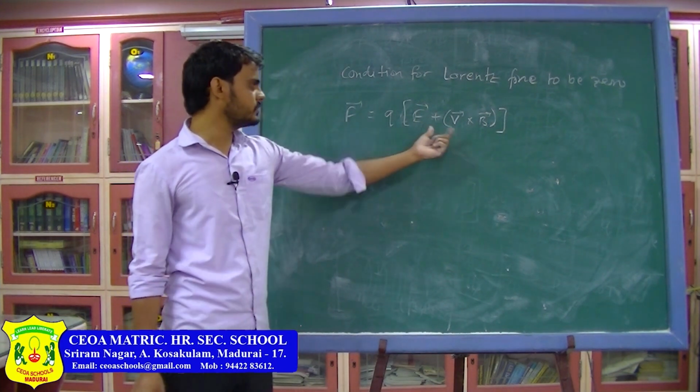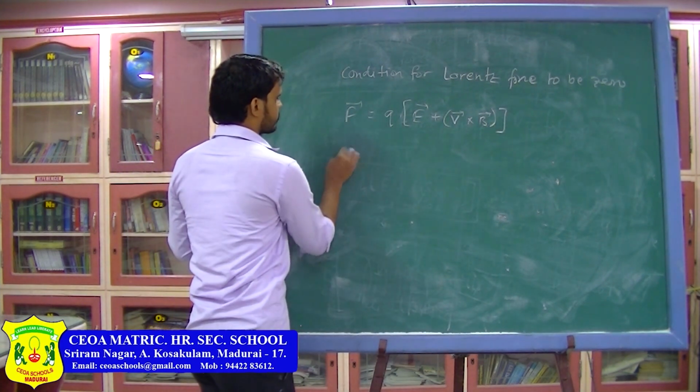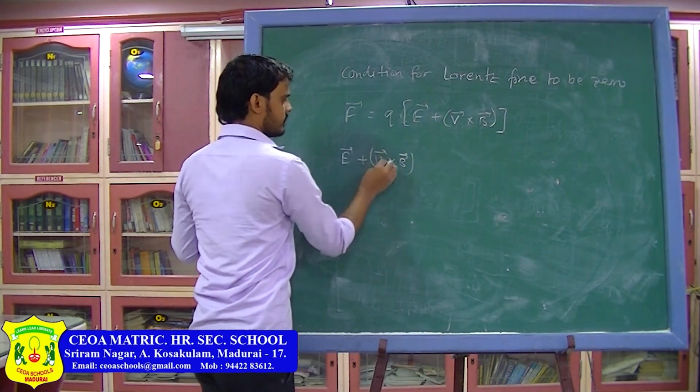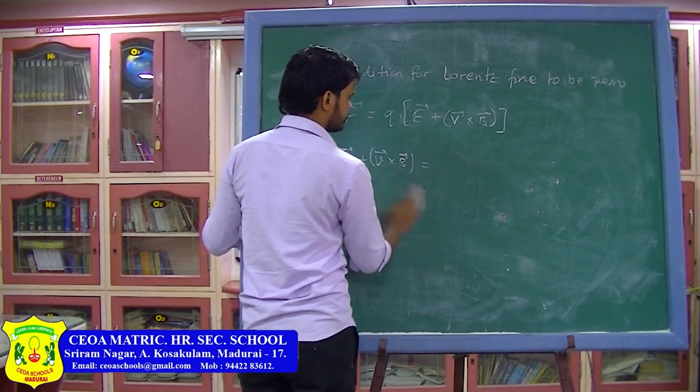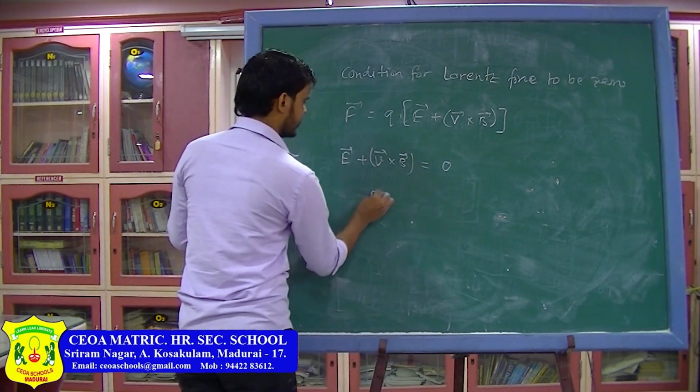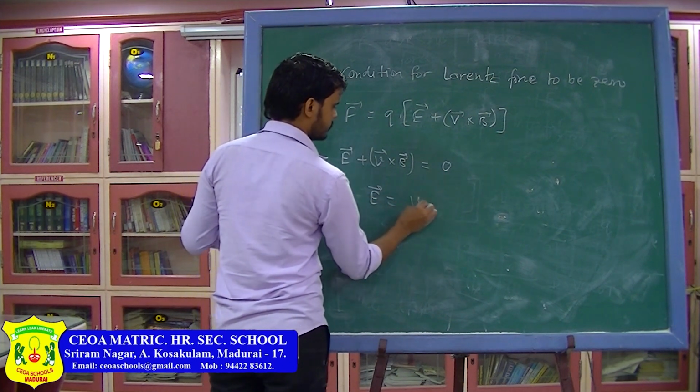So if I put this force equal to 0, I will get E plus V cross B is equal to 0. From here you will see that E is equal to minus V cross B.